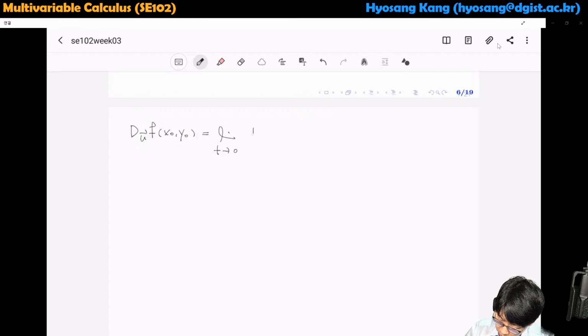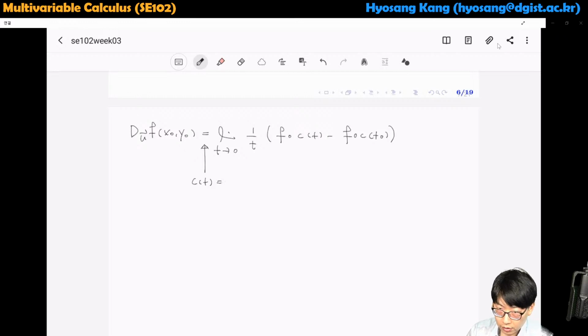So we have 1/t times f composite c(t) minus f composite c(t0), where c(t) is nothing but a straight line which maps (x0, y0) to c(t) times u. And then what you see is nothing but the derivative of the composite function f and c.